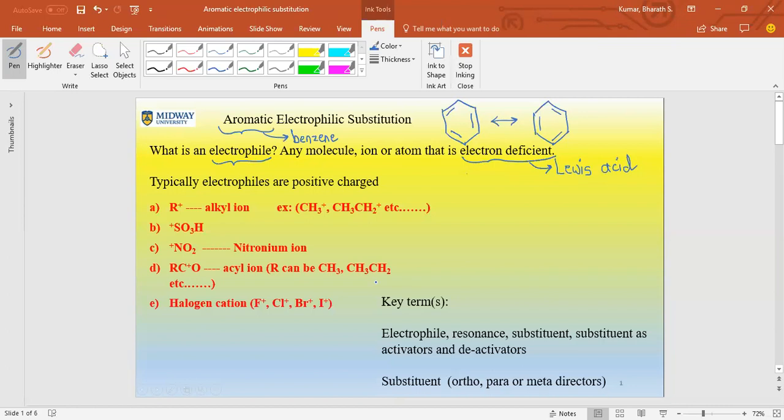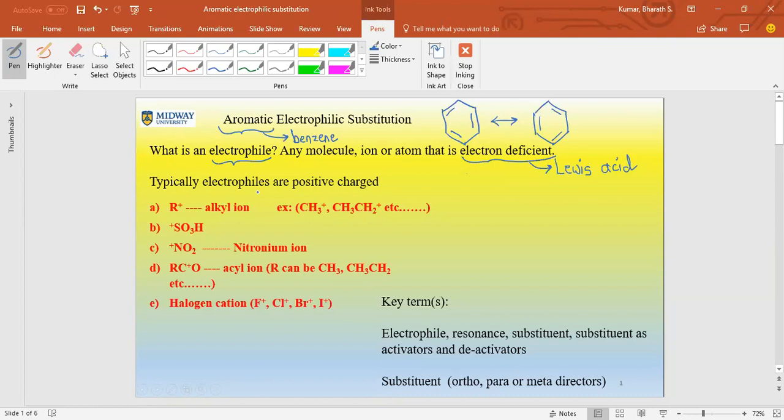You would have to make them during the course of the reaction, and then the electrophile reacts with the benzene to make the desired product. So it's essentially a multi-step reaction. An electrophile is not available to start with. You would have to produce the electrophile during the course of the reaction, and the electrophile then reacts with the benzene to produce the desired product.